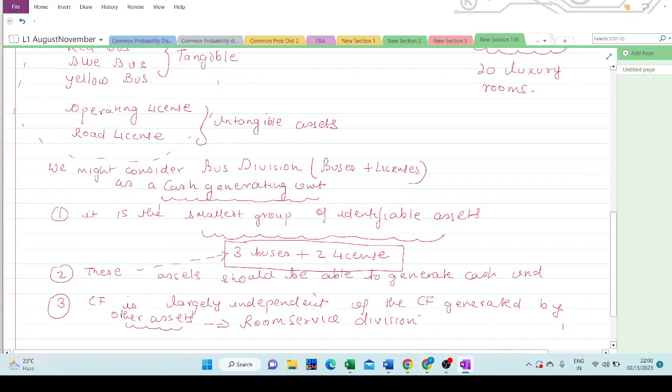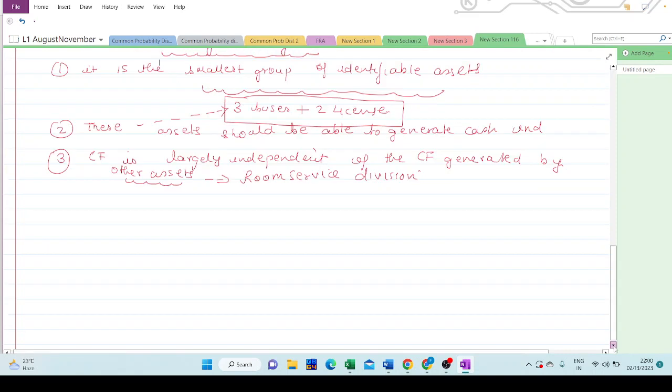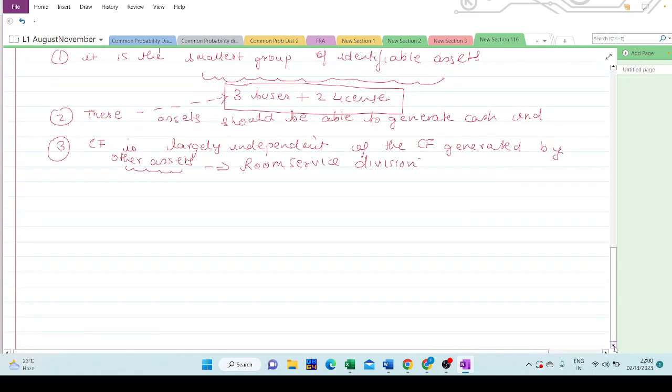Now let's come to the next part. Now this is the important part. Now please understand that this CGU, this bus division, has its own assets and liabilities, right?